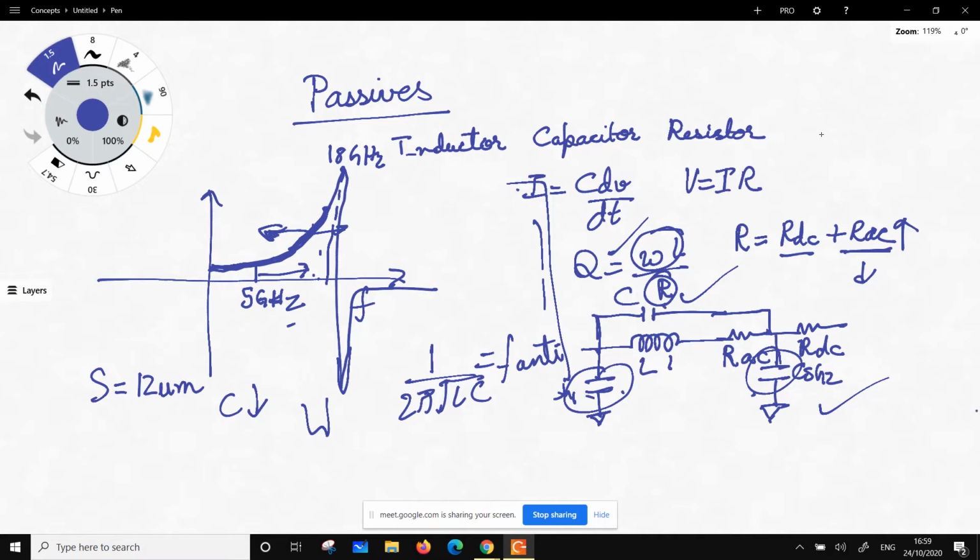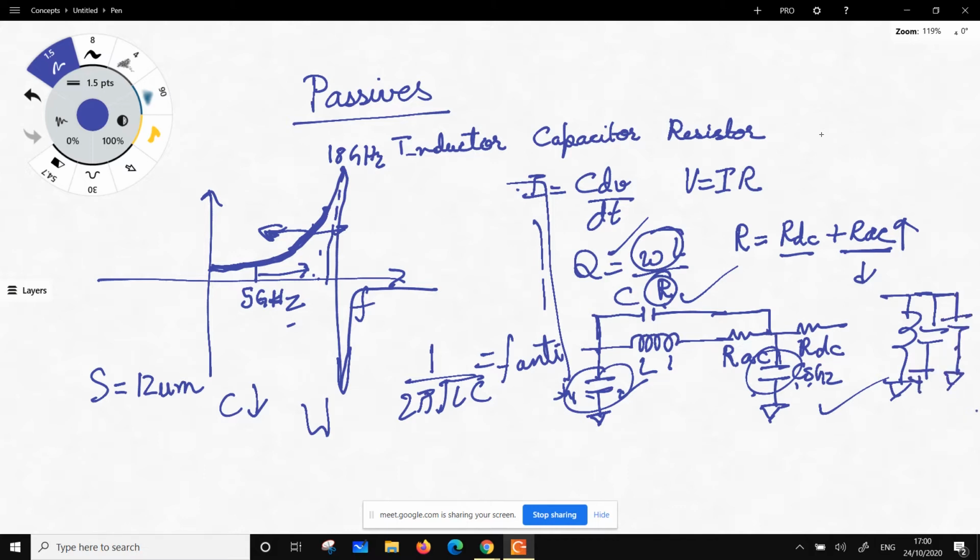So if the inductor is in shunt, then CSH1 and CSH2 are in parallel with C. So if you use an inductor in shunt, okay, shunt means if I was to use the inductor like this in matching, right? Then the capacitance C will come parallel, and CSH1 and CSH2 will be grounded.